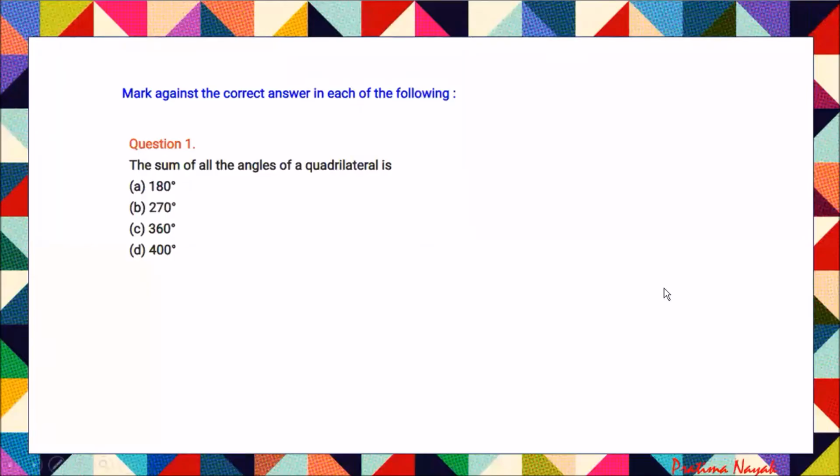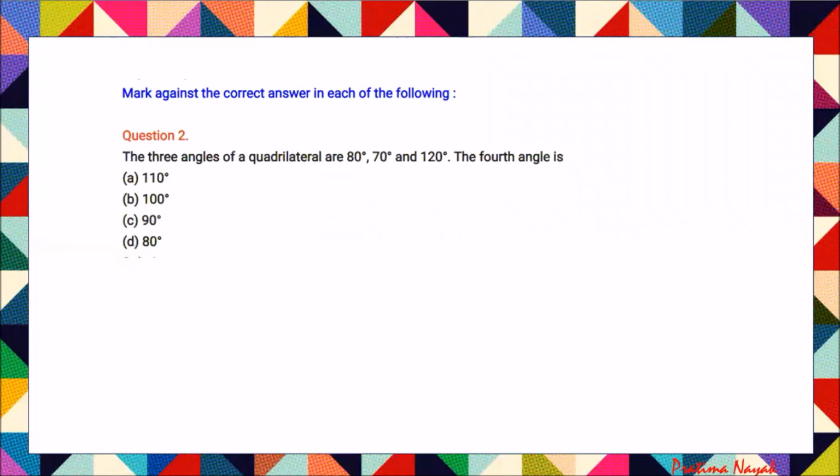Now you have a question on your screen. Question number 1. The sum of angles of a quadrilateral is how much? 180, 270, 360, 400. Which one? It is 360 degrees. The sum of angles of a quadrilateral is 360 degrees. So C is the answer. The three angles of a quadrilateral are 80 degrees, 70 degrees, 120 degrees.